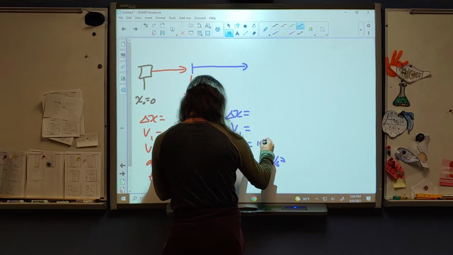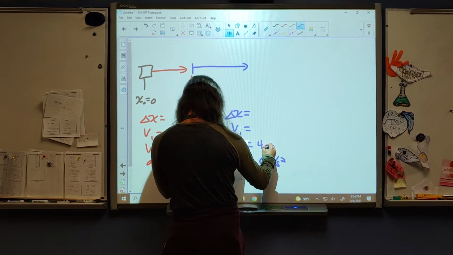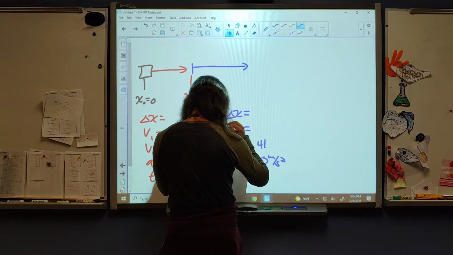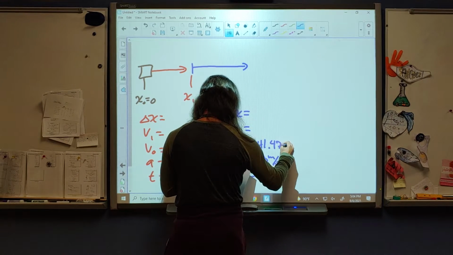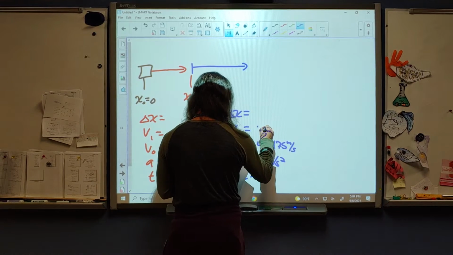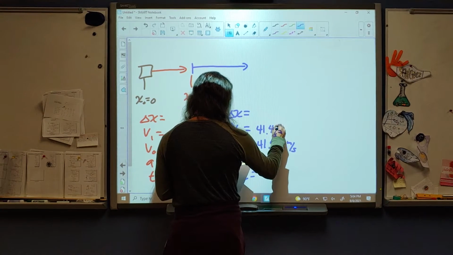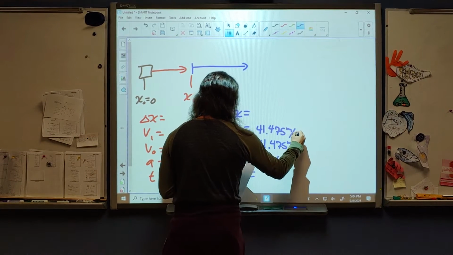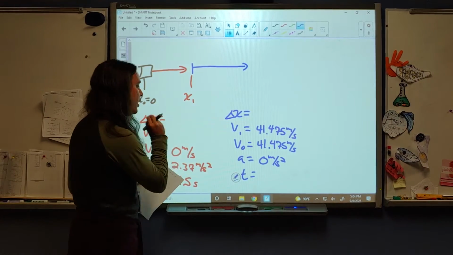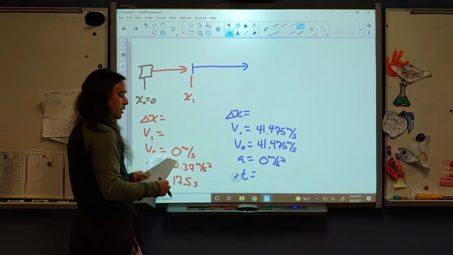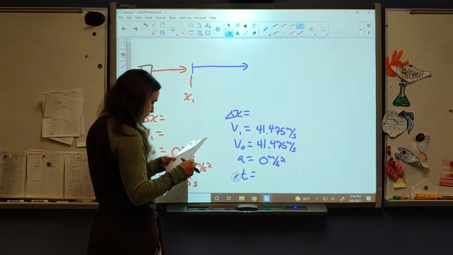And they tell us that the speed at which they're moving, their velocity, is 41.475 meters per second. And since it never speeds up or slows down during this section of motion, the blue section, that would be both our beginning and ending velocities, our initial and final.